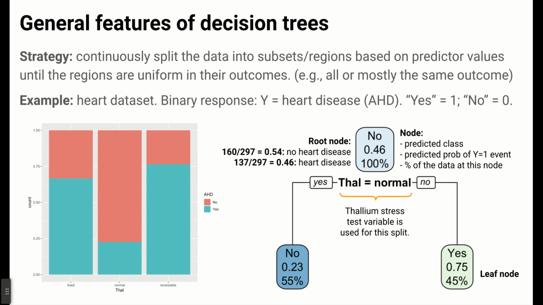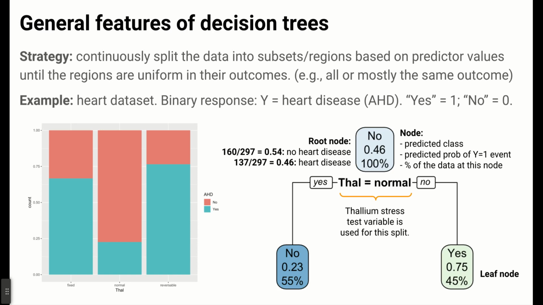Following the split to the left, 55% of the cases have a normal result on the thallium stress test, and to the right, 45% of cases have a non-normal result. The 0.23 on the left leaf indicates that among the 55% of cases who have a normal stress test result, only 23% have heart disease.